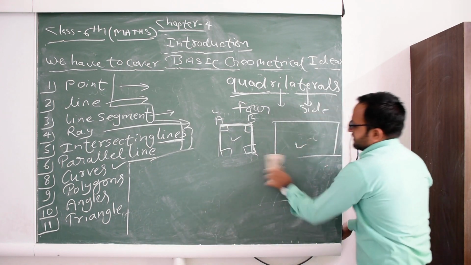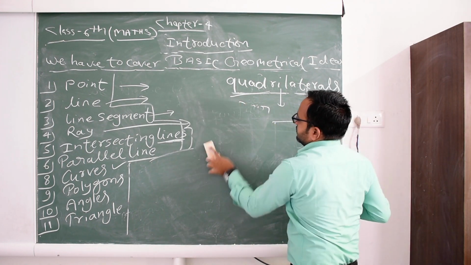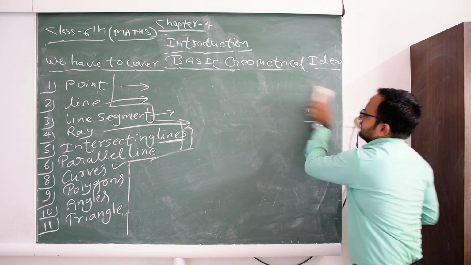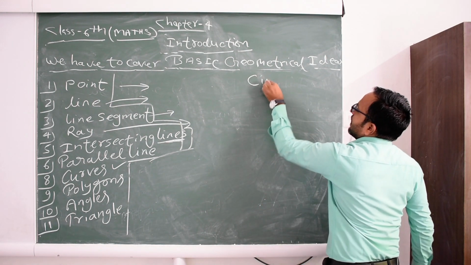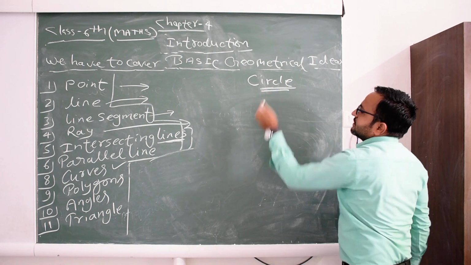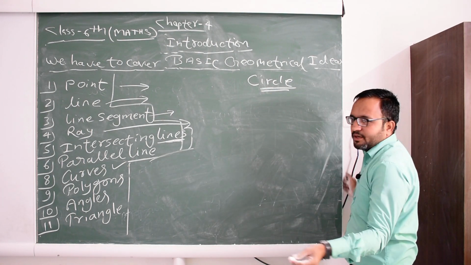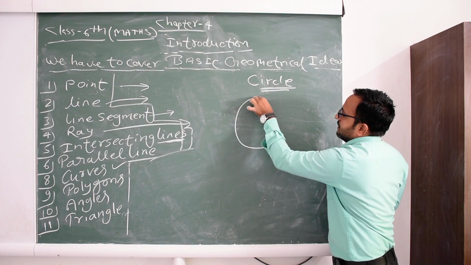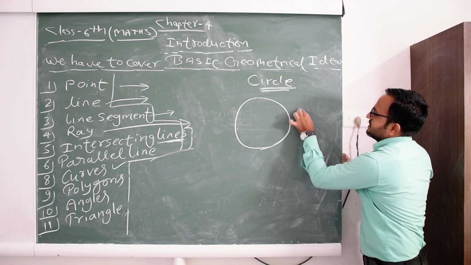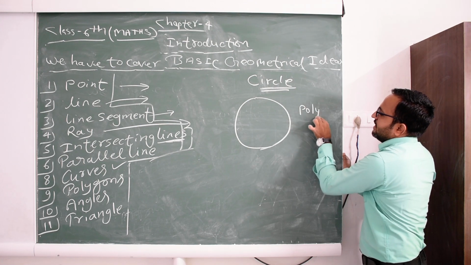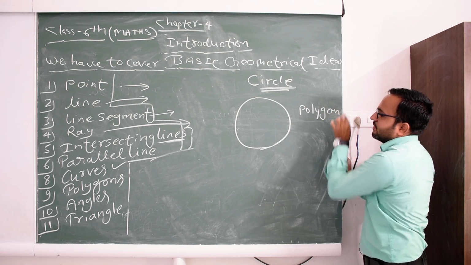Now we discuss circle. Okay, first we draw the simple circle. Okay, first, circle is not a polygon.